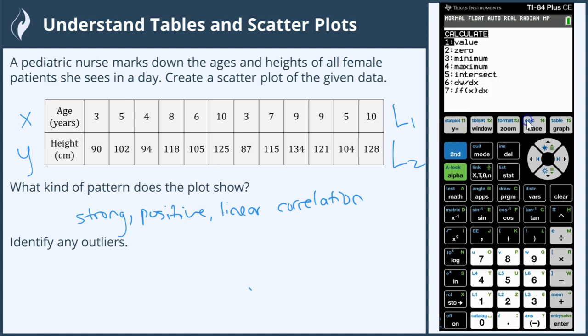One more thing that I want you to see is, if you click trace here next to graph and press right or left, you're going to see this little thing we used to call a spider looking thing moving across.